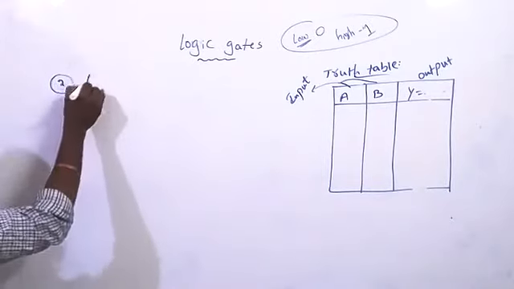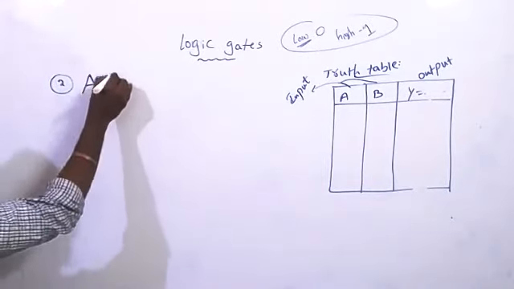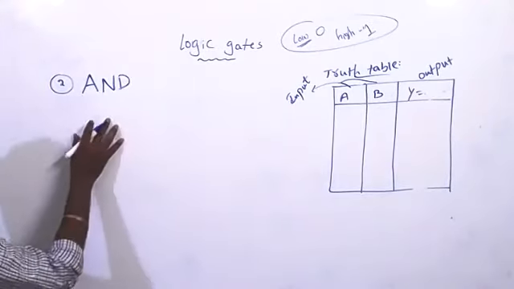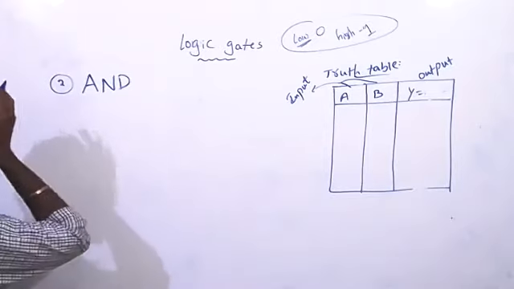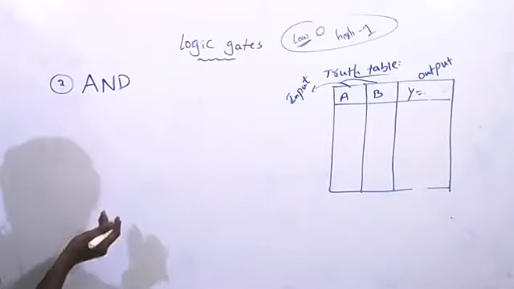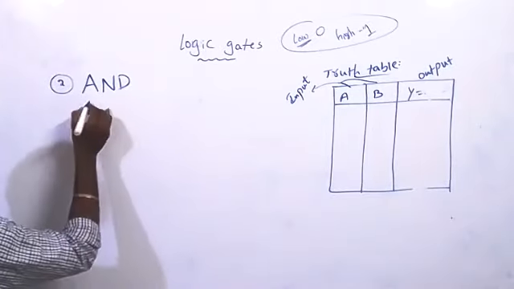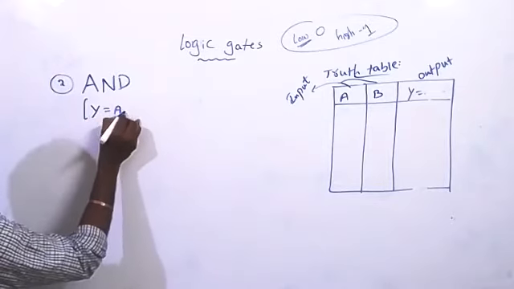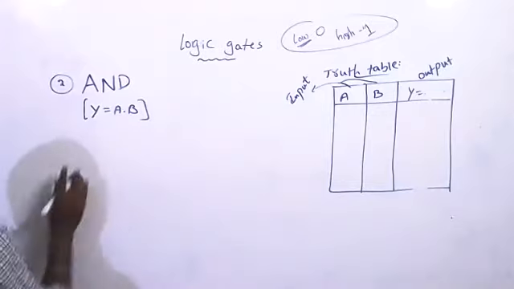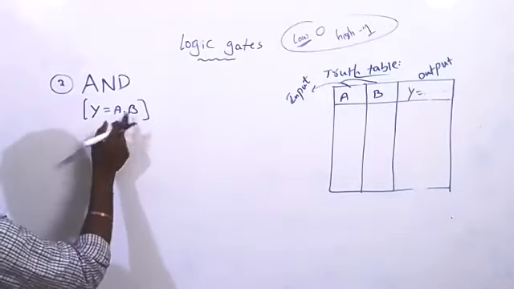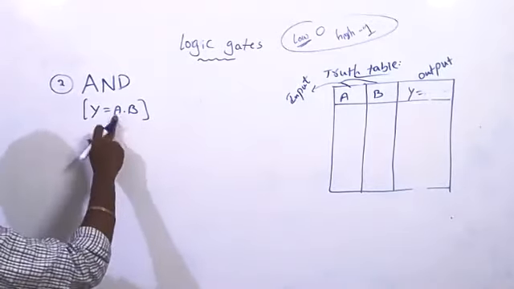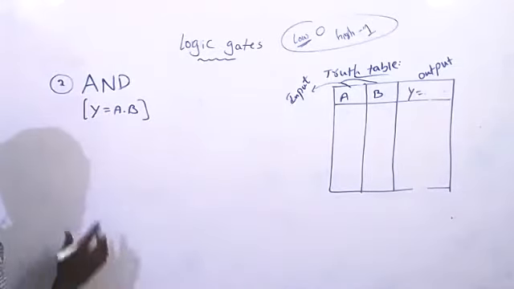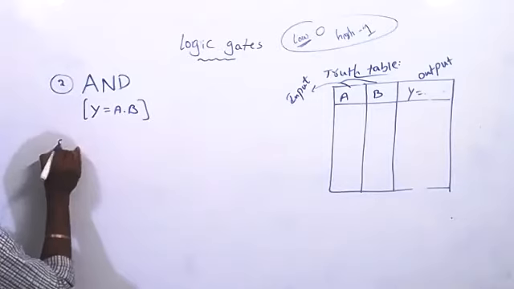A, N, D. AND gate. So AND gate formula is, you will give the 2 inputs, you will get output. So formula for AND gate is Y is equal to A and B. A into B. A and B. Okay, this dot is representing A and B. So output you will get A and B. That is the combination.